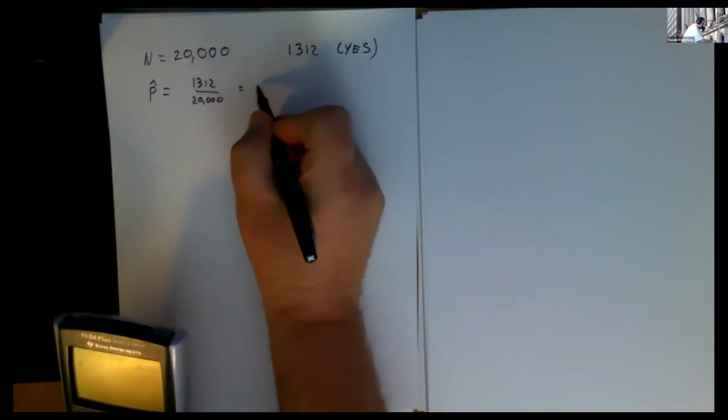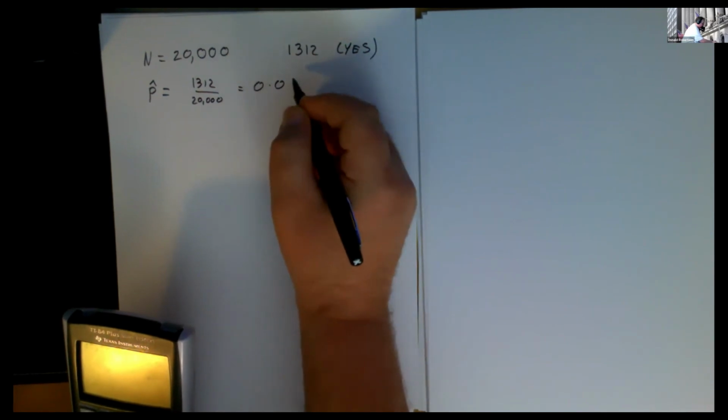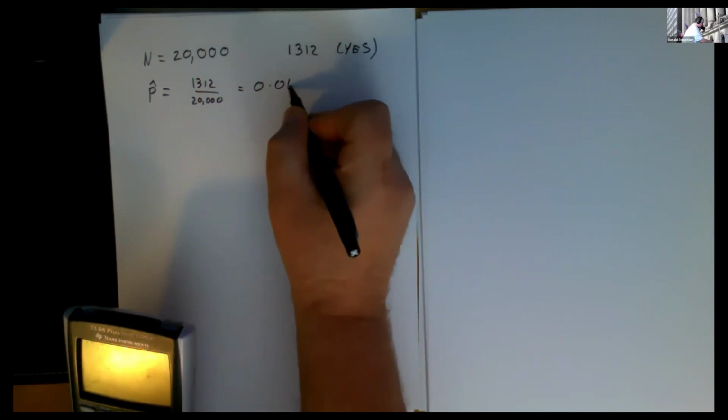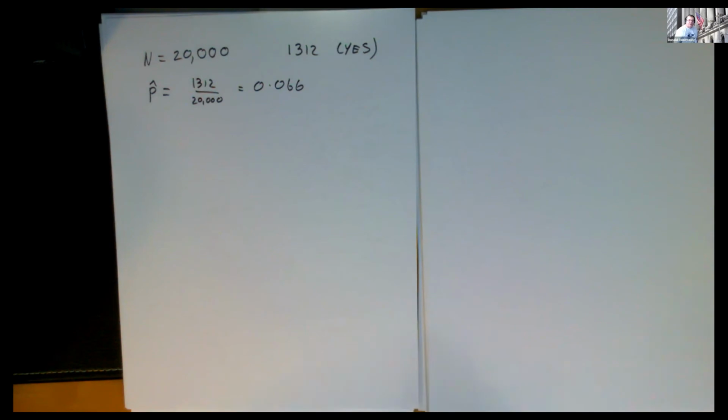So that's our first guy, right? What percentage, or in this case, what ratio did we get? So 1312 divided by 20,000. And the answer you get here is 0.066. I'm sticking to 3 decimal places here.